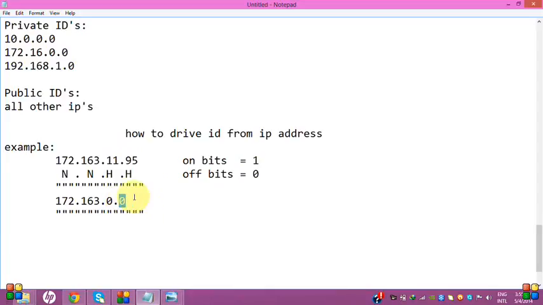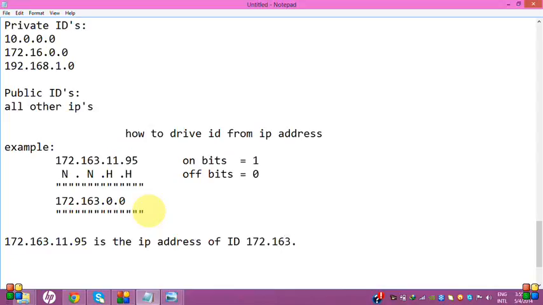So we derive the ID from this formula: the IP address 172.163.11.95 has the ID 172.163.0.0.